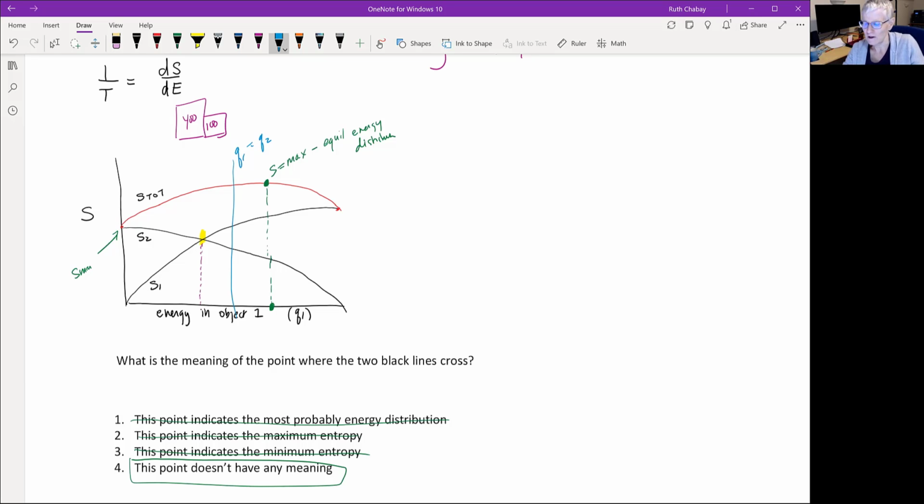So it doesn't even mean that. It doesn't really have any information in it that we could use. It's just something our eye really wants to look at because it's an interesting point visually.